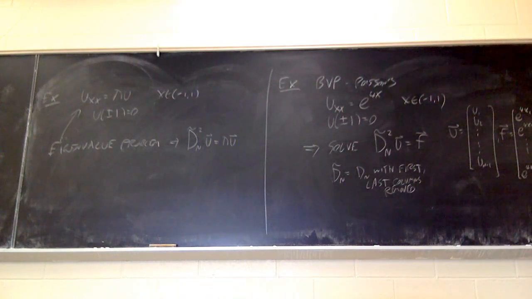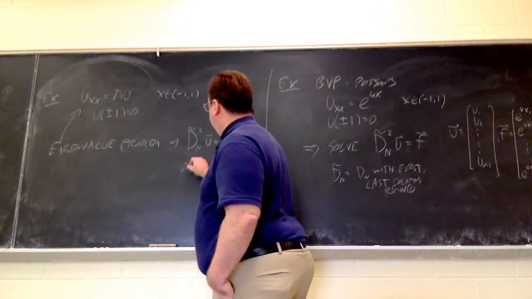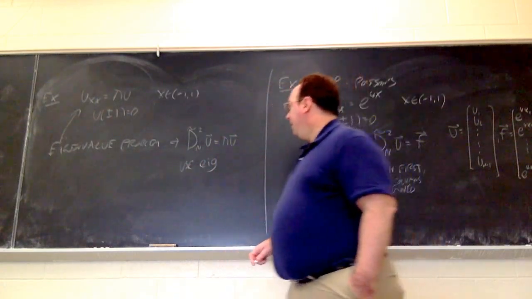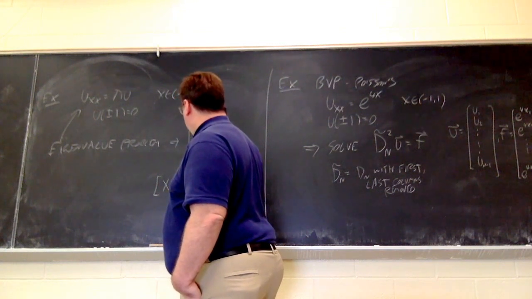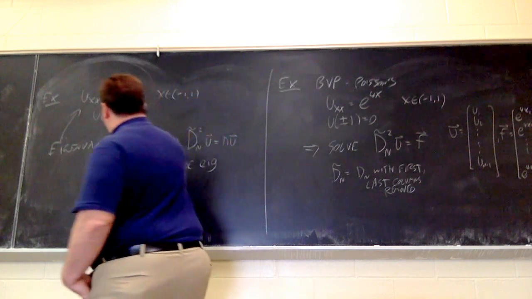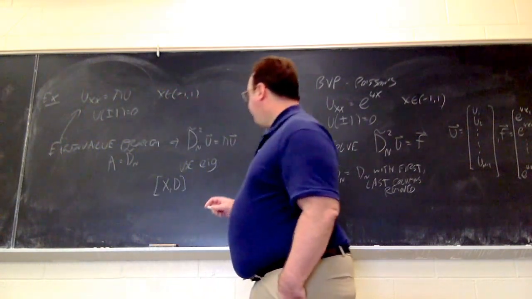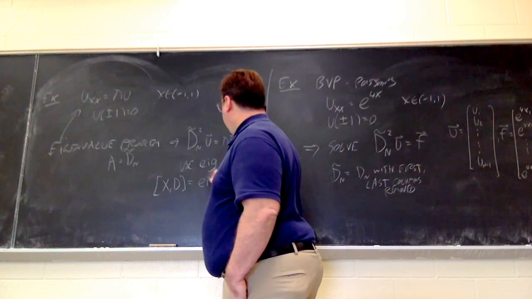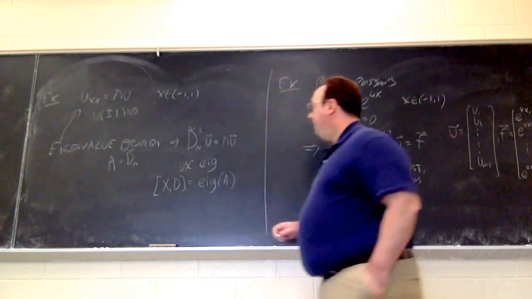So then what you can do is solve this in MATLAB, using the eig function. So let A be dn tilde. Then I can use the eig function on A.